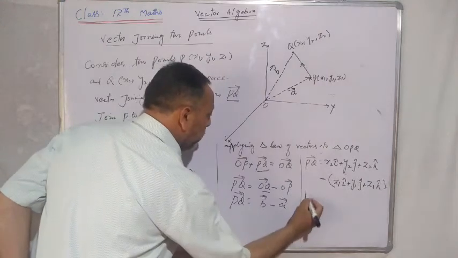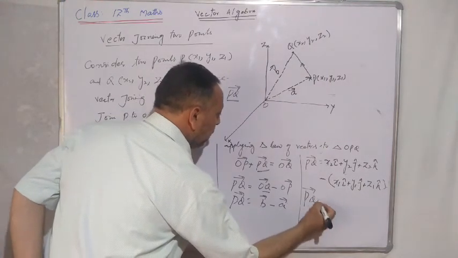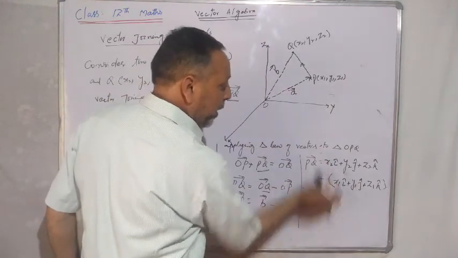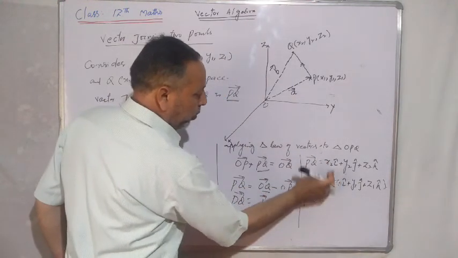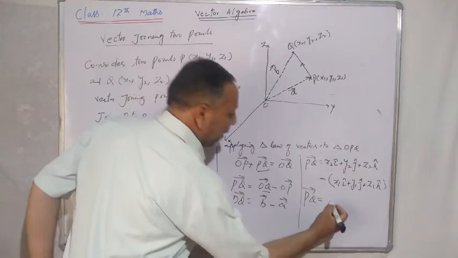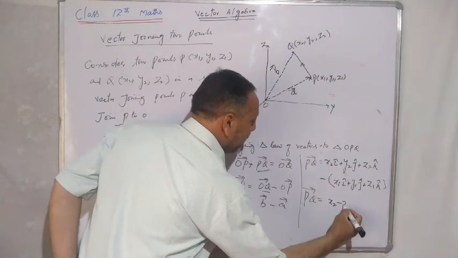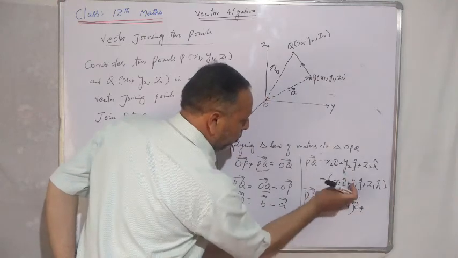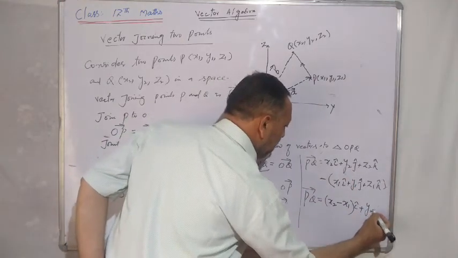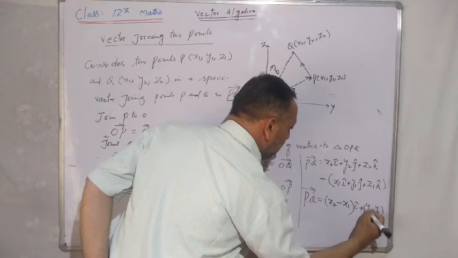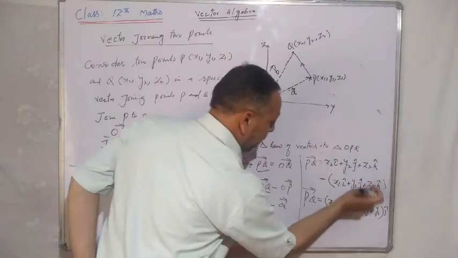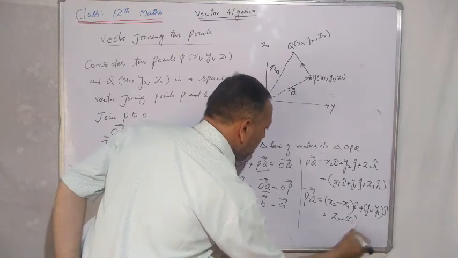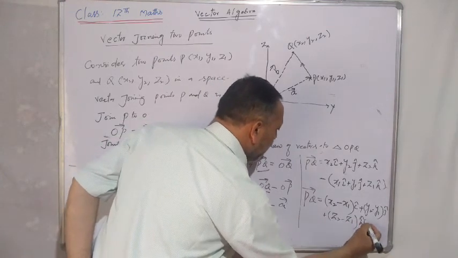Here vector PQ is equal to, now you subtract the corresponding elements. x2 i cap minus x1 i cap can be written as x2 minus x1 i cap, plus y2 minus y1 j cap, plus z2 minus z1 k cap.